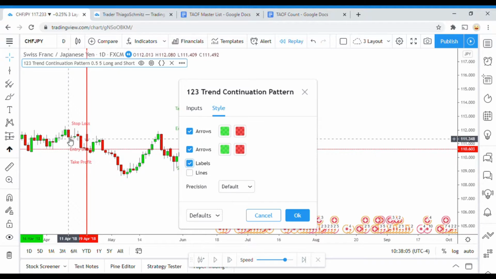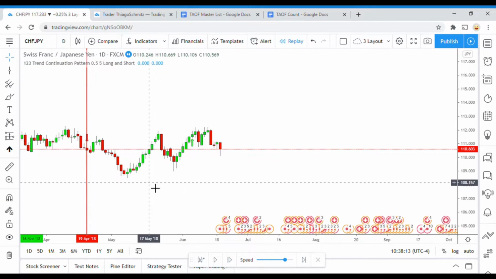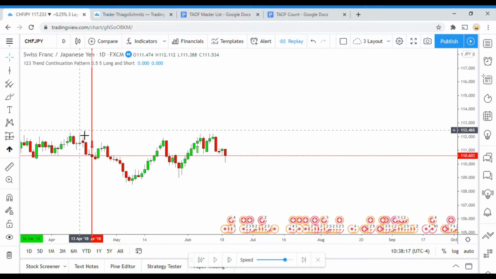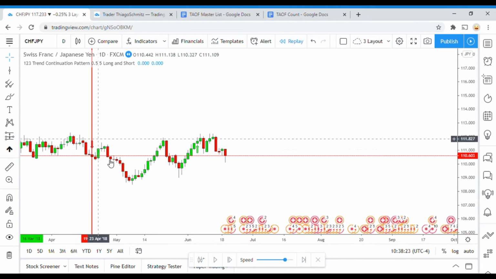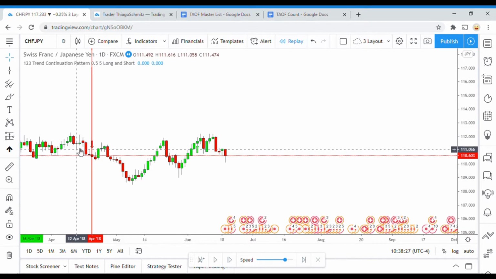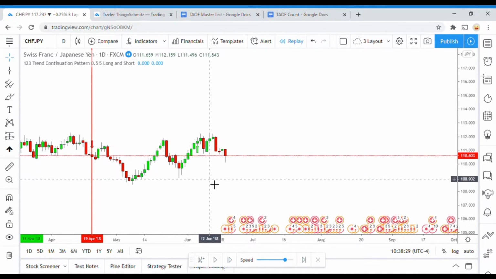So take profit there, stop loss here. Yeah, so that one would have been a winning trade off the original way the creator coded it, is what I'm trying to say.